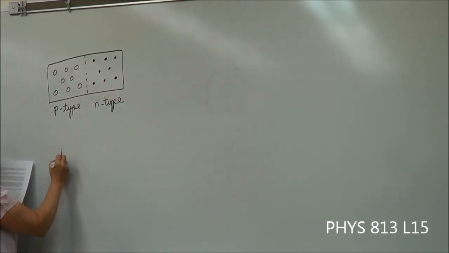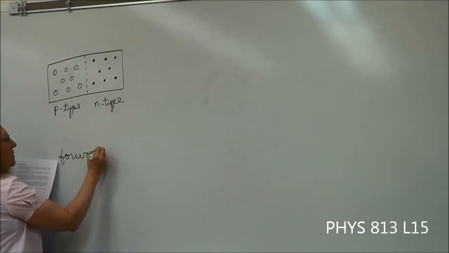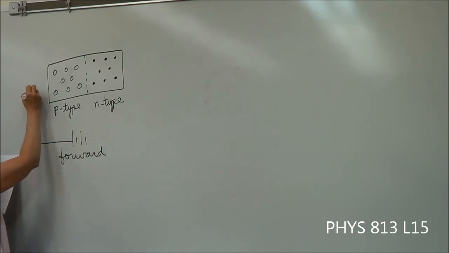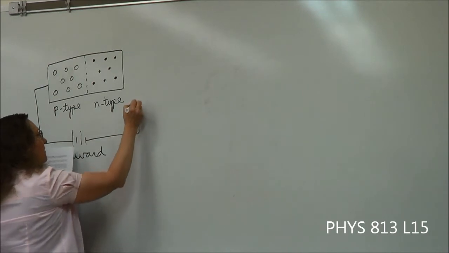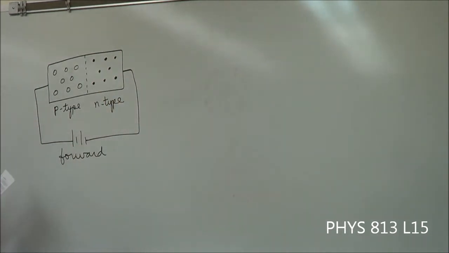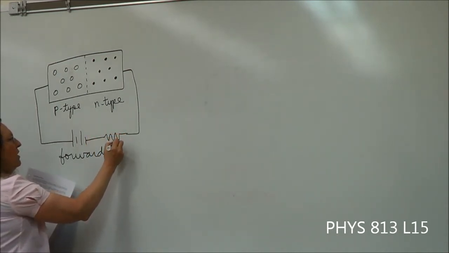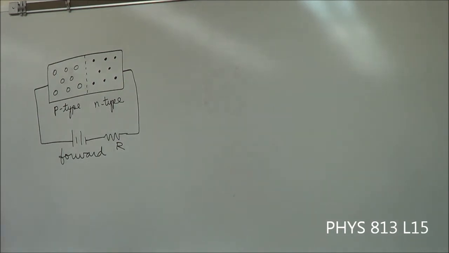So now this is for the forward bias. And we're going to apply a voltage to the two ends of that. Oh, and normally we have a resistor. Sometimes it doesn't matter what size resistor we have, but if you don't have a resistor, you can get a rather large amount of current, and then things get hot and burn out.